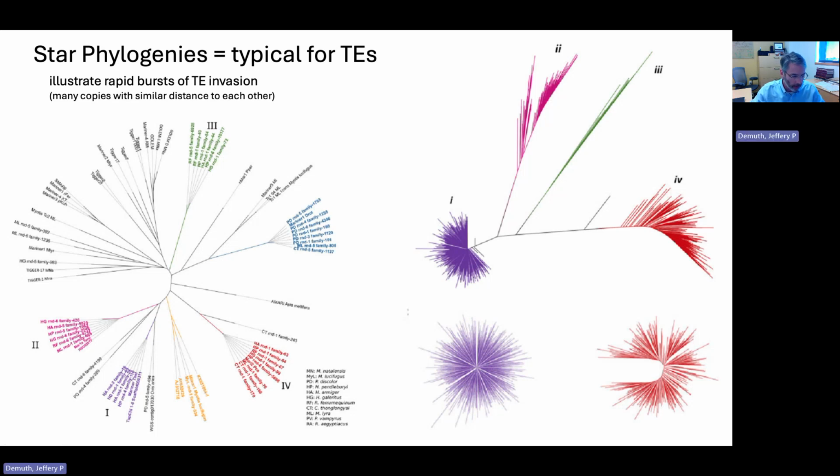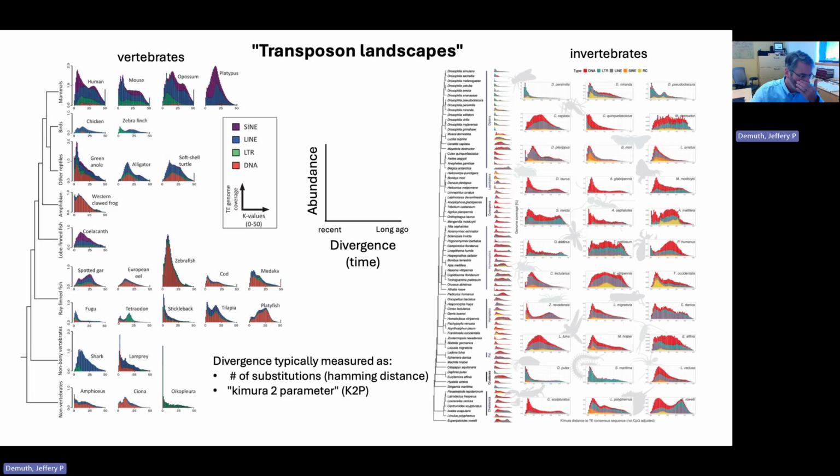Okay, so that's how you interpret phylogeny and why we can look at transposon landscapes and interpret something about when transposons are active in genomes.